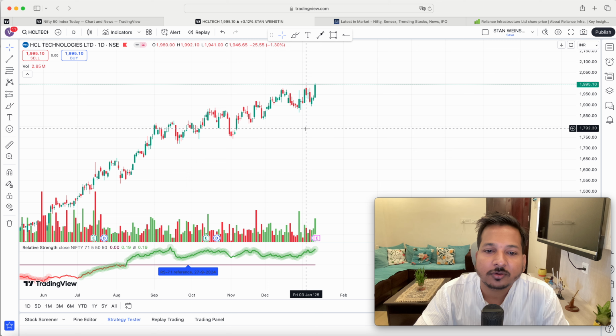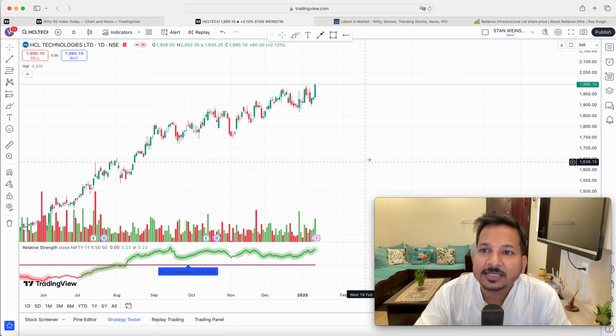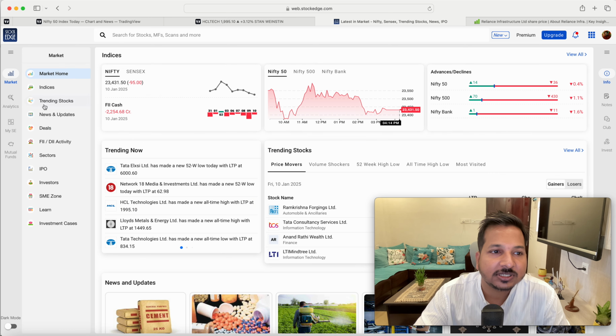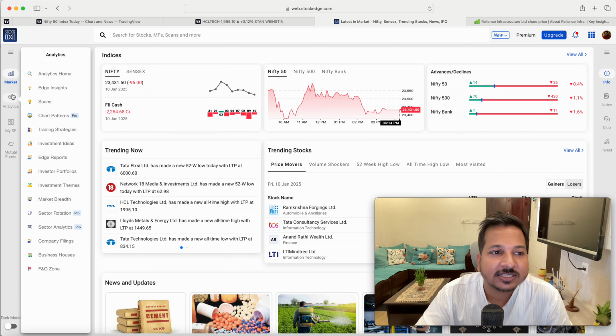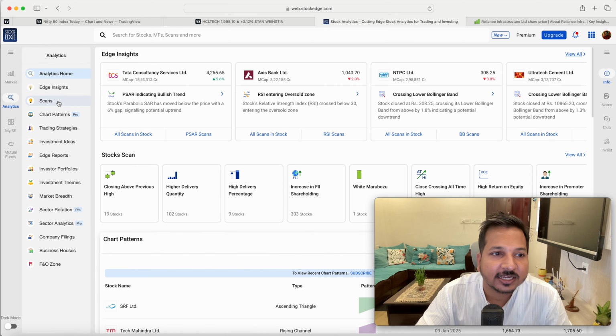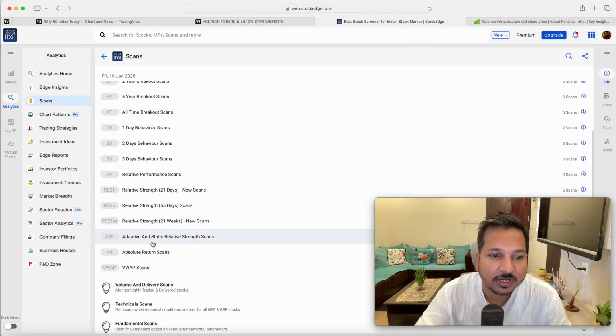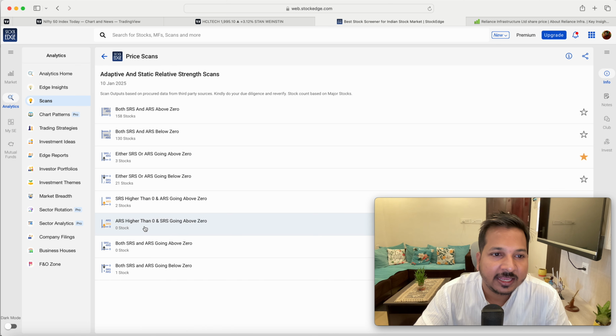If you don't want to use that screener, there is one paid version in the Stockedge app, Vivek Bajaj's app. Sir Vivek Bajaj has made this app. So here in the analytics section you have to go to scan and price scan. In price scan, there is an adaptive and a static relative strength scan. Here all things are there. Static RS means RS 123.